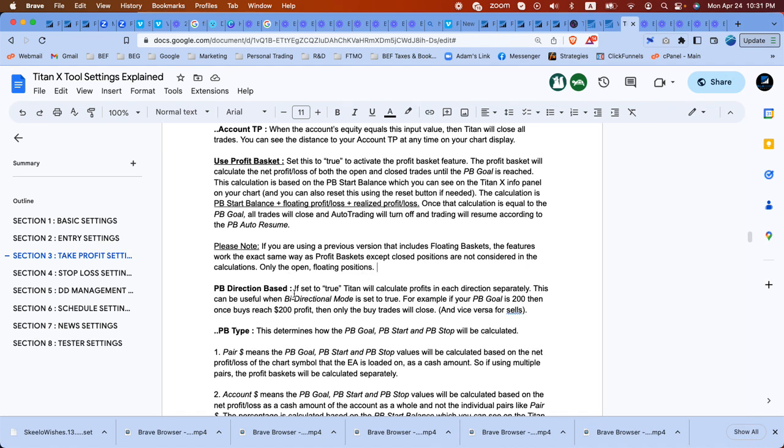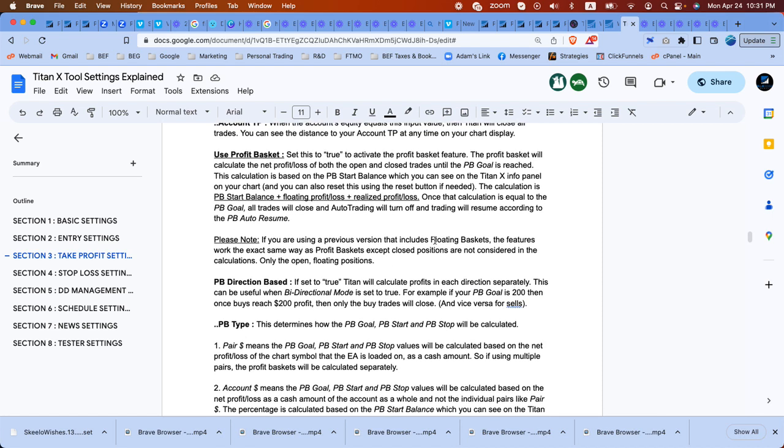So, in other words, you can actually use these profit basket settings to accomplish the exact same thing as any floating basket settings. Okay, so what makes floating baskets different from the profit baskets is that there's no take profit or stop loss, so it's only closing trades based on the floating profits, right?